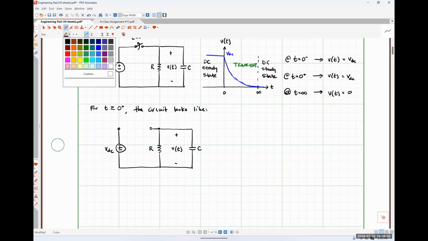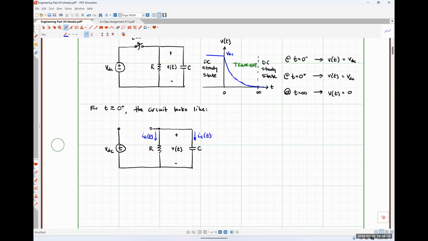What I'm going to do now is simply identify a couple of currents, right? This is the current that's flowing through my resistor, and this is the current that's flowing through my capacitor.